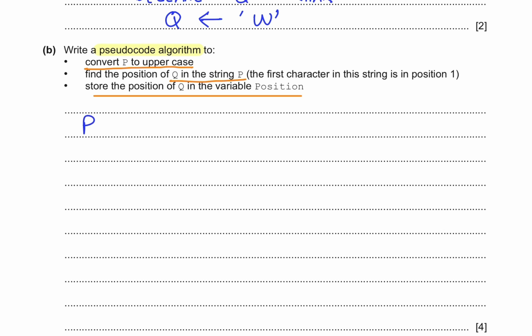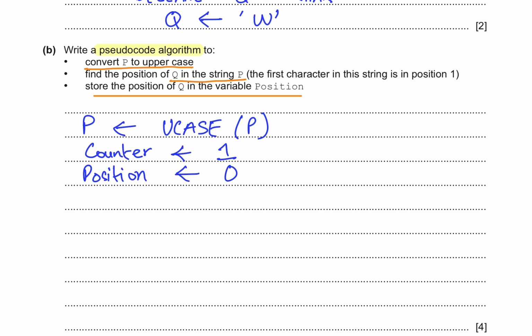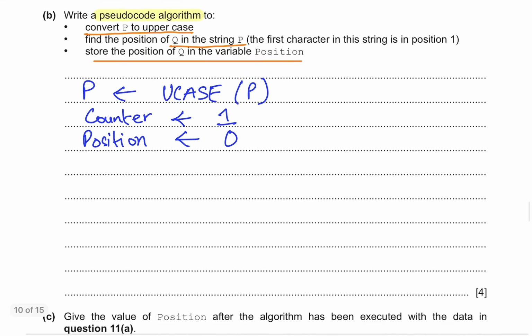So you could say P is UCASE of P. All right. And then you could say counter will be 1. The position will be initialized as 0. And then you could use the repeat until loop.